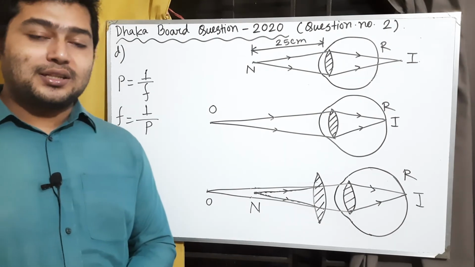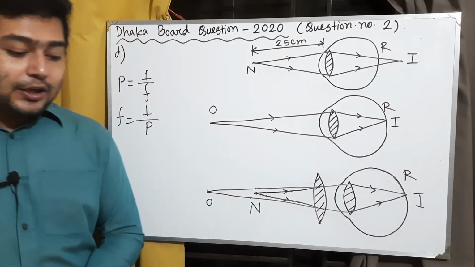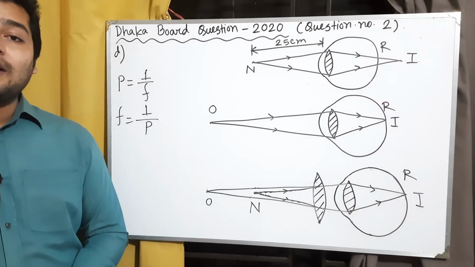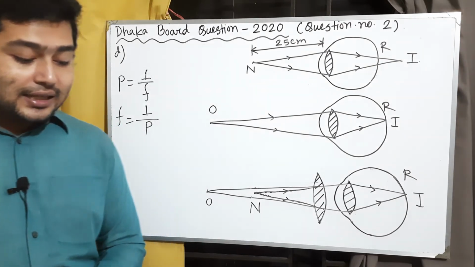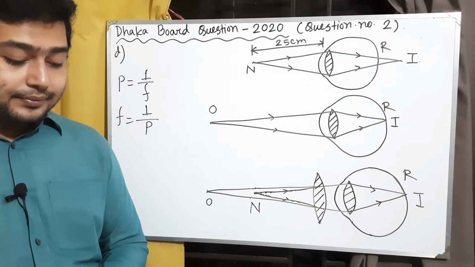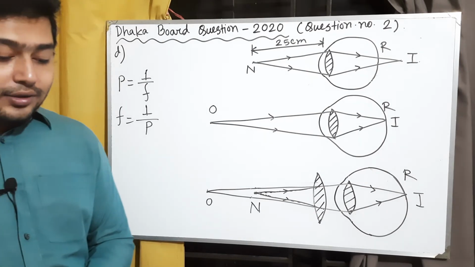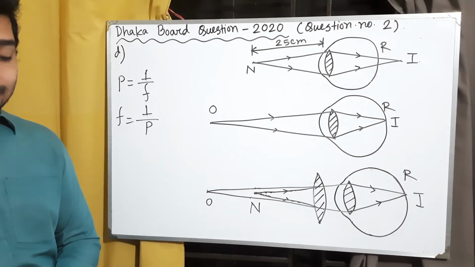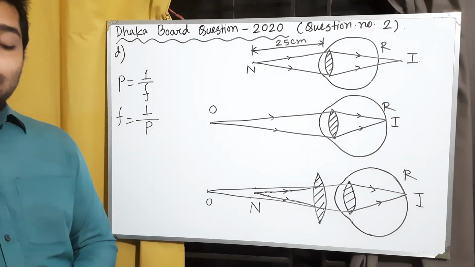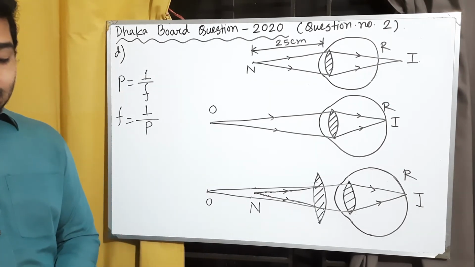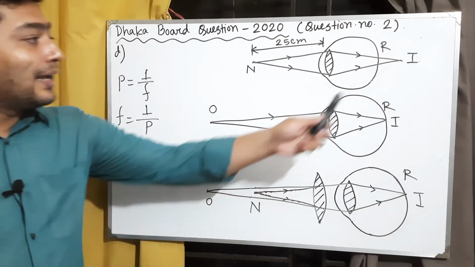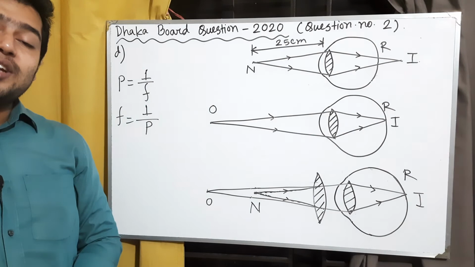Now the effect is, for this reason light rays coming from a distant object can make an image on the retina, but rays coming from the near point, after refraction through the eye lens, converge to a point I behind the retina.